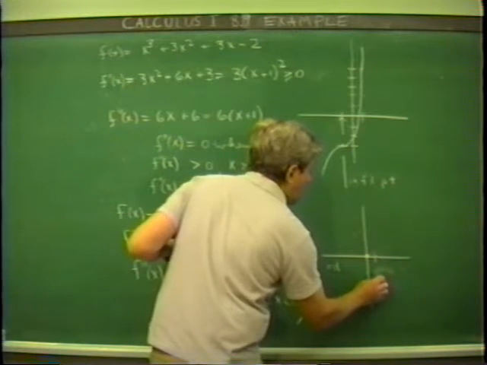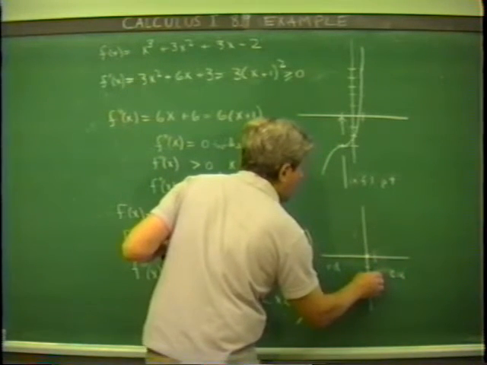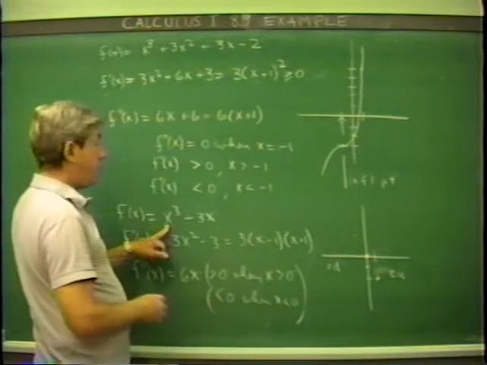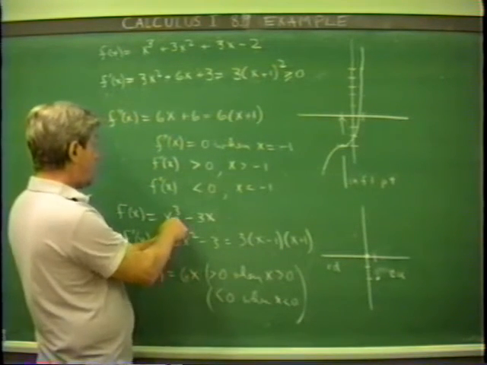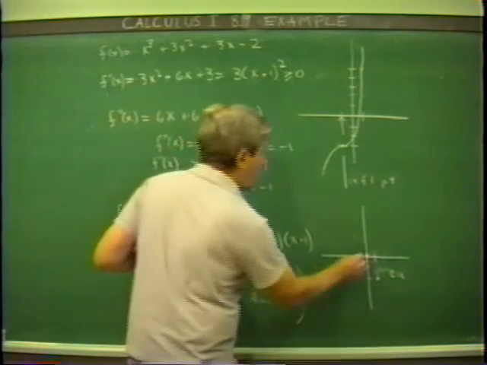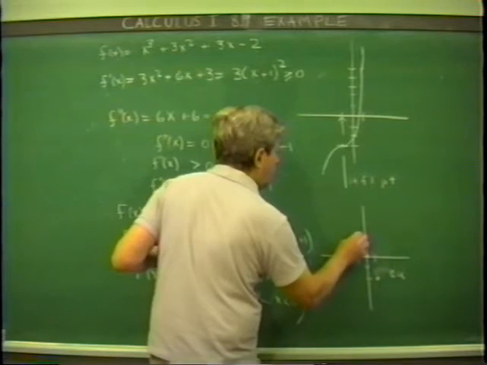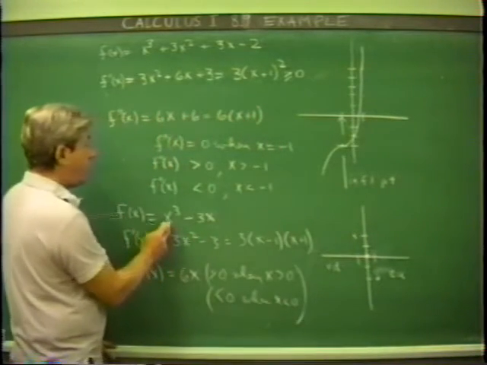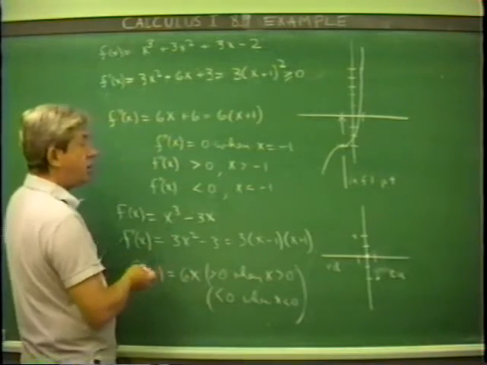The value of the function at 1 is minus 2. The value of the function at minus 1 is 2. Actually, this is an odd function.